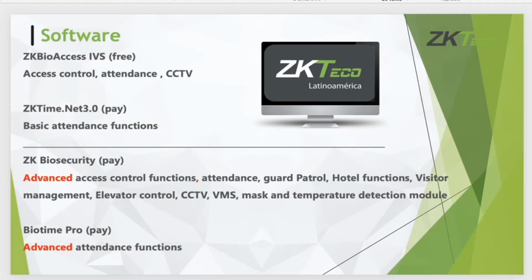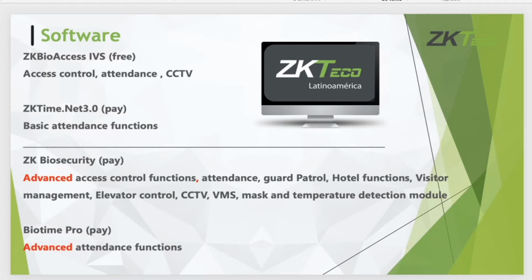Then we have the software that is focused on big projects. The first two, CK BioAccess IBS and CK Time.NET 3.0, are only for small and medium projects. If you have a very big project and you want a complete solution for security, access control, and time and attendance, then the software you need to consider is BioSecurity and BioTime Pro.